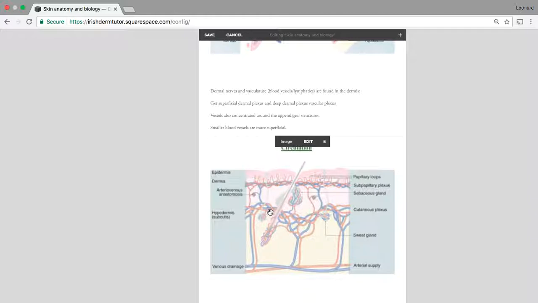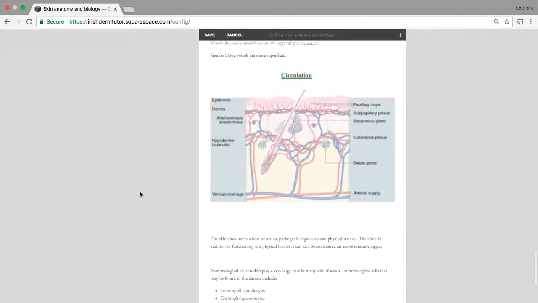You also get the blood vessels concentrating around the appendageal structures, such as the hair follicle, the sebaceous glands, and the sweat glands. And then you also get these little papillary loops, which extend from the superficial dermal plexus up towards the epidermis. Of note, the epidermis actually doesn't have blood vessels within it.